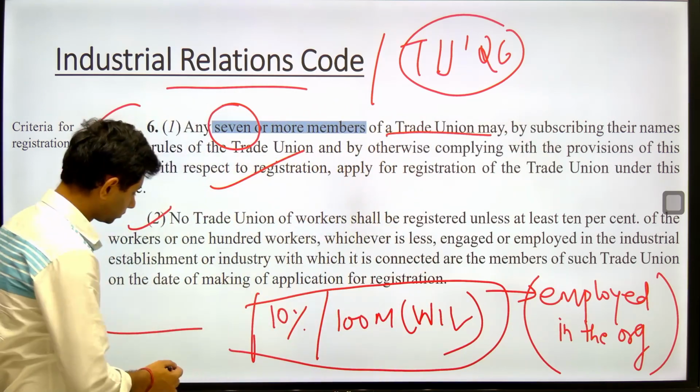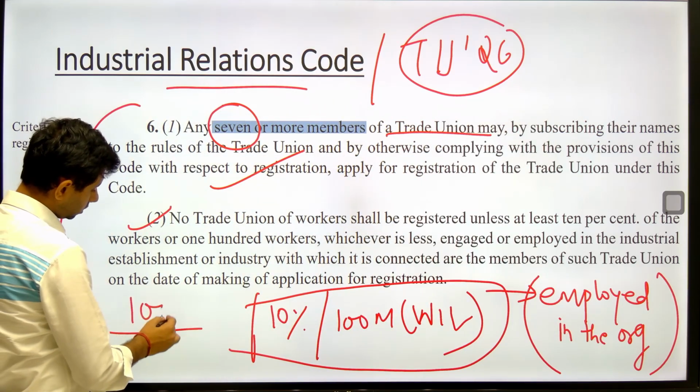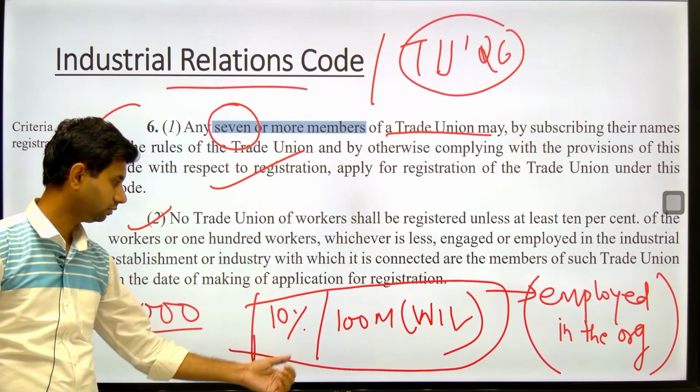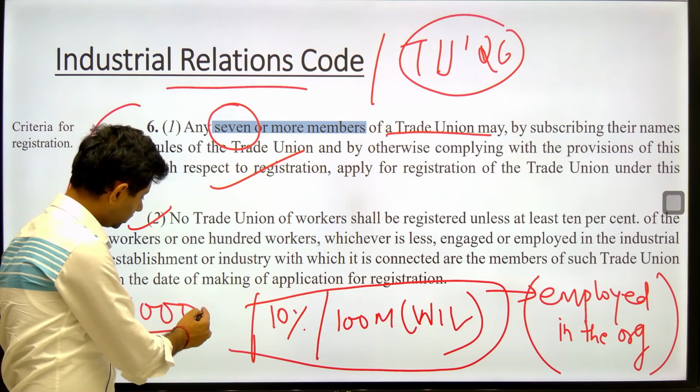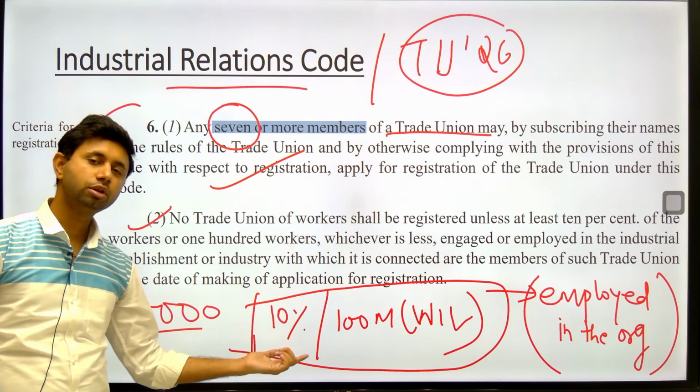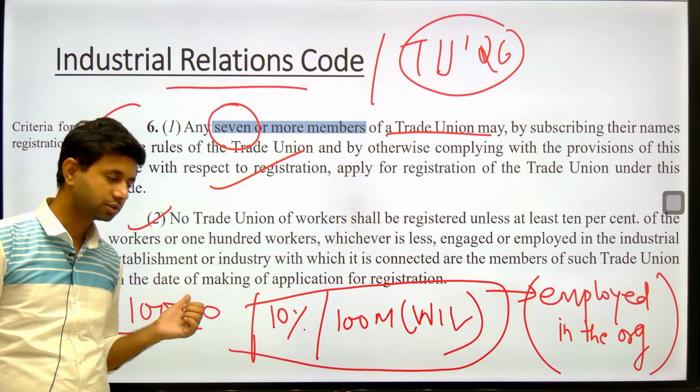Suppose there are 10,000 trade union members, so a trade union of 10,000 members is registered.